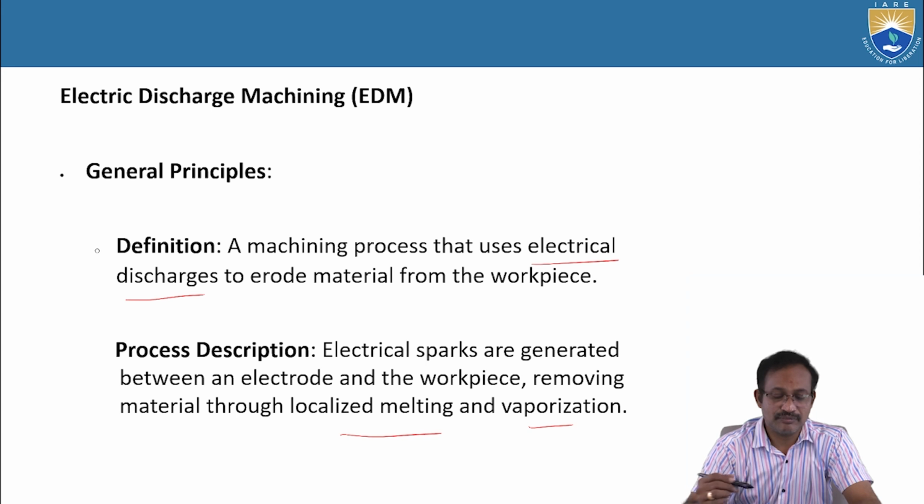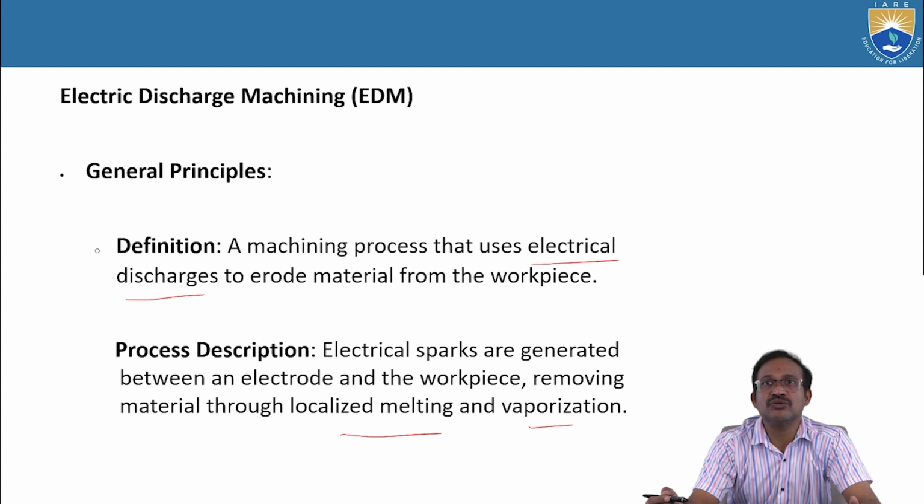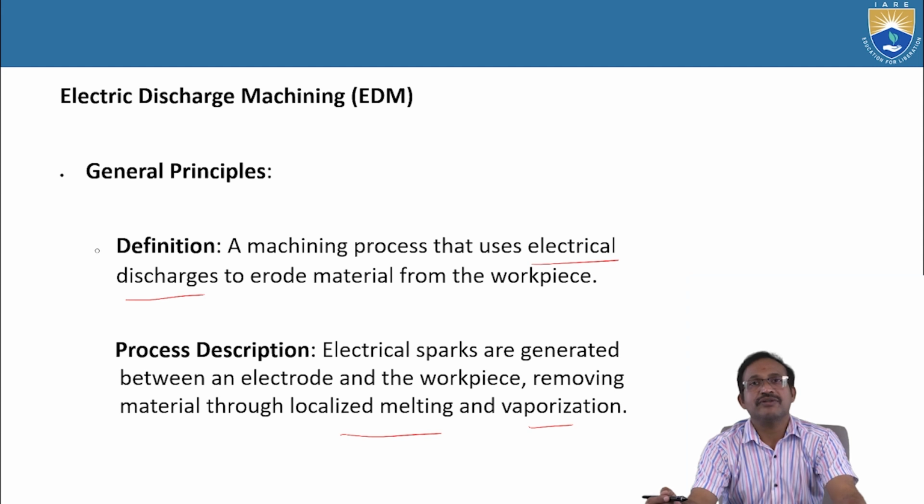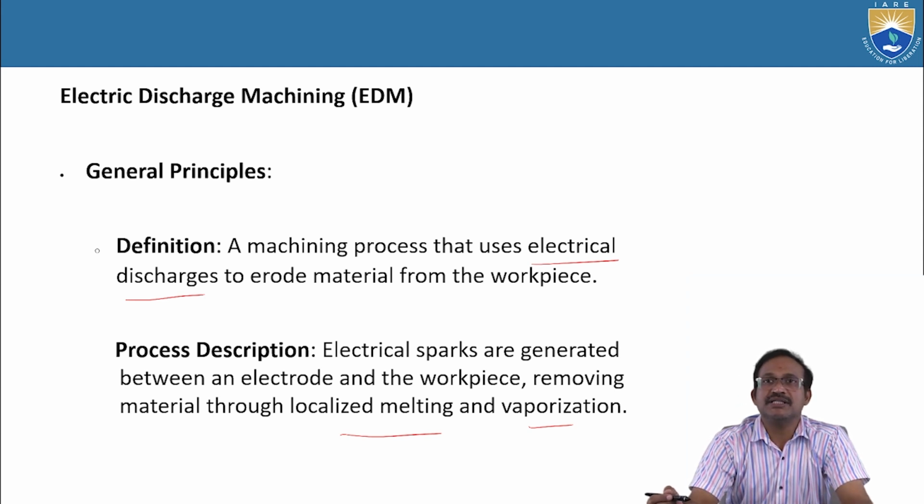Next, process description. Electrical sparks are generated between an electrode and the workpiece, removing material through localized melting and vaporization. So the material removal will be in two phases: one is melting, the other phase is vaporization.